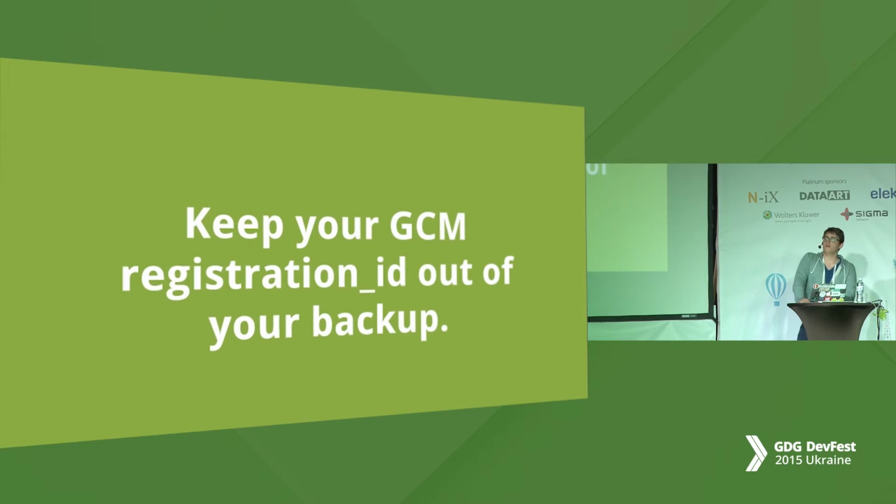GCM offers you something called the registration ID, which is a kind of a token that identifies your device, the user's device, on the Google servers, on the GCM servers, right? So each device gets its own unique registration ID that can be used for pushes. You need to remove it from backup, right?